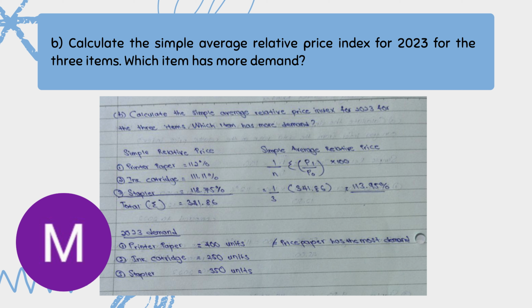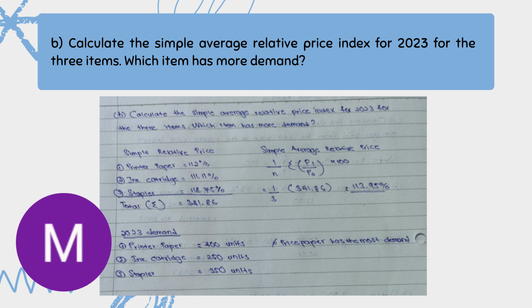Question B. Calculate the simple average relative price index for 2023 for the three items. Which item has more demand? Okay, first we calculate the simple average relative price index for 2023. The step is, first we add up all the relative price indices for all three items.